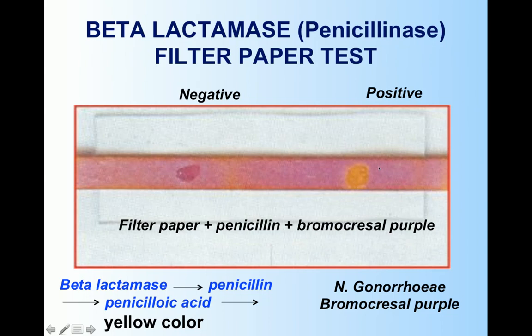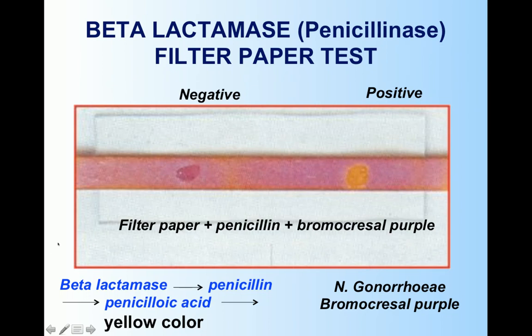If the organisms are GCs and they are producing beta-lactamase, they will break down penicillin into penicilloic acid, and they are going to produce this yellow color. So this is filter paper to which we have added penicillin plus bromocresol purple.